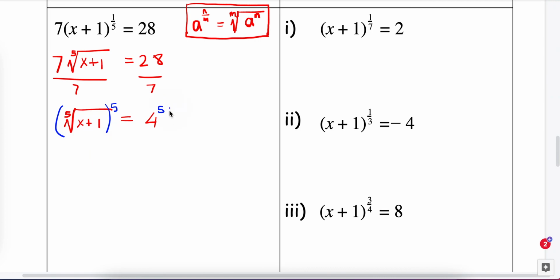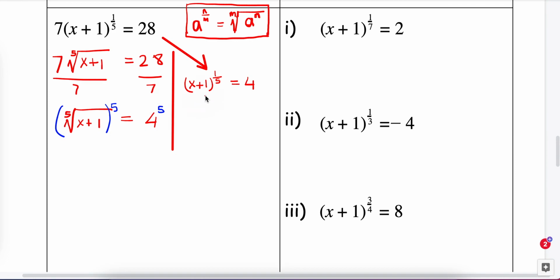But let me, for a moment, bring this back to the starting problem that we had a moment ago. We'll see that we've got exactly the same thing going on. If we had divided both sides by 7, we would then have x plus 1 to the fifth power equals 4.